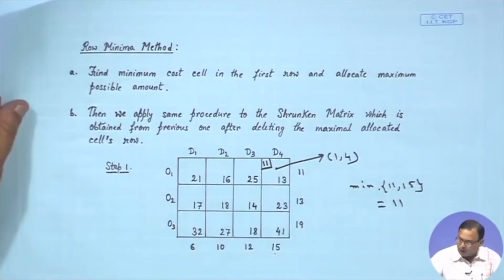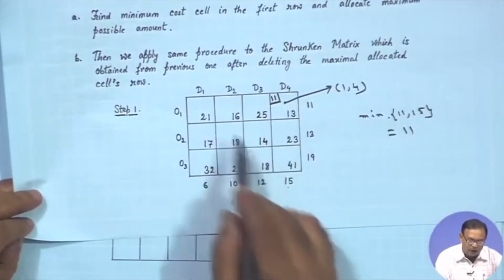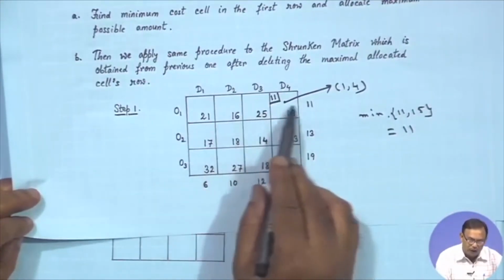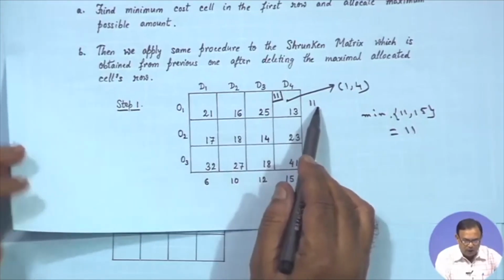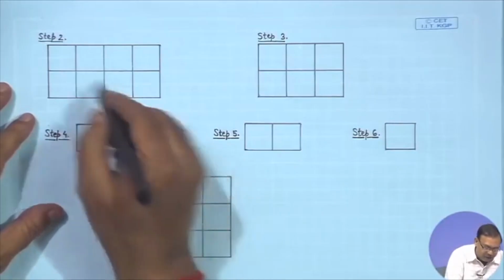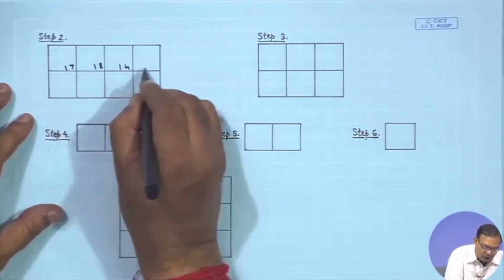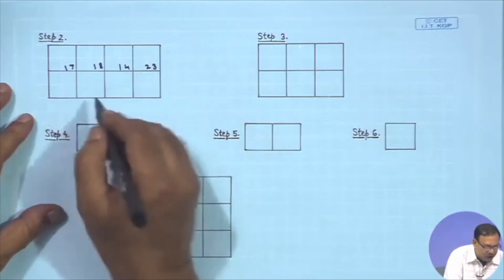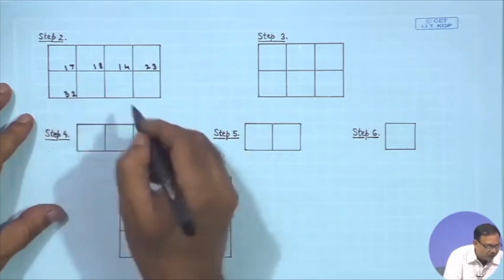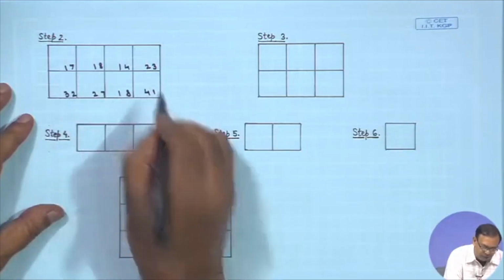So, what I will obtain in step 2, there will be only 2 rows, that is, only the second row and the third row. The first row, we have already fulfilled its availability, so this we will remove. Therefore, you have 17, 18, 14 and 23. Here you have 32, 27, 18 and 41.